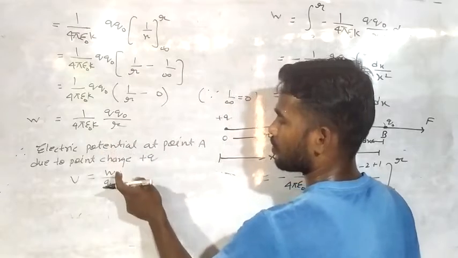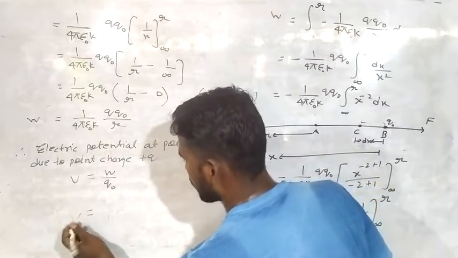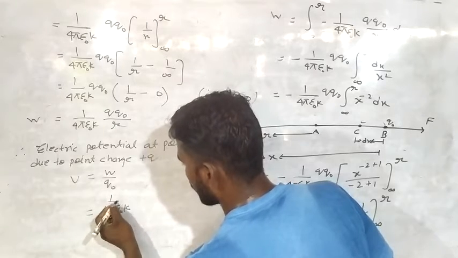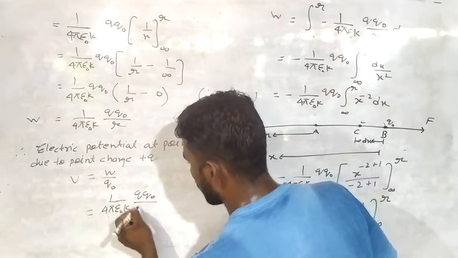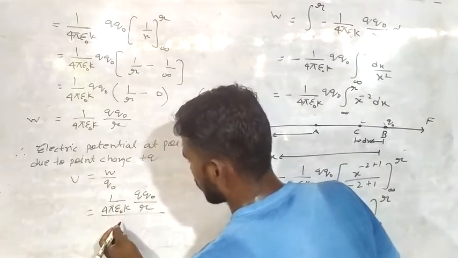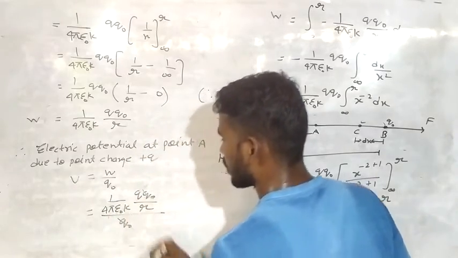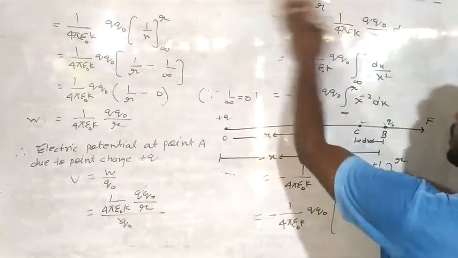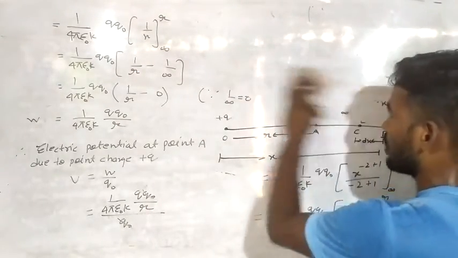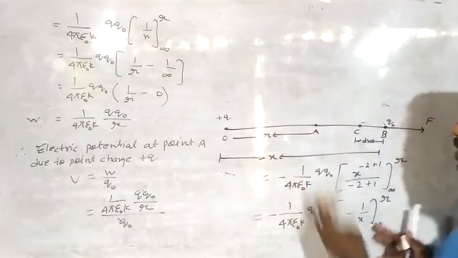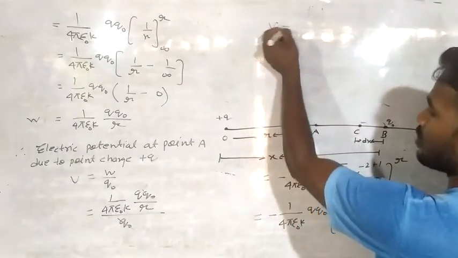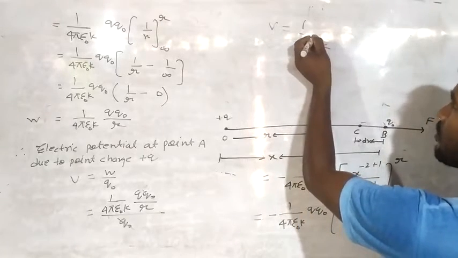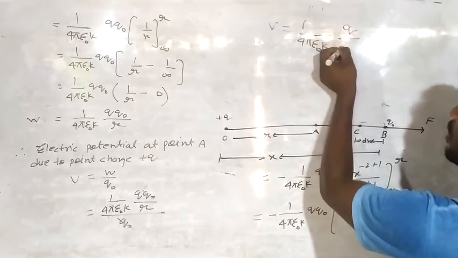Using this value of W, here we get 1 upon 4 pi epsilon naught k Q Q naught upon r divided by Q naught. Q naught cancels with Q naught, and the remaining term, student, is V equal to 1 upon 4 pi epsilon naught k Q upon r.